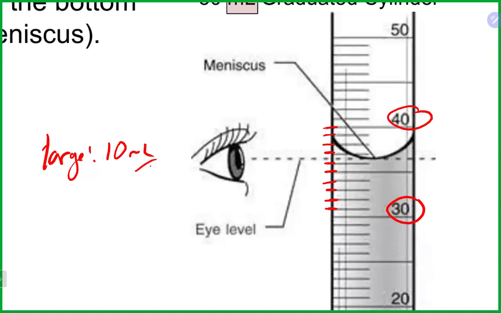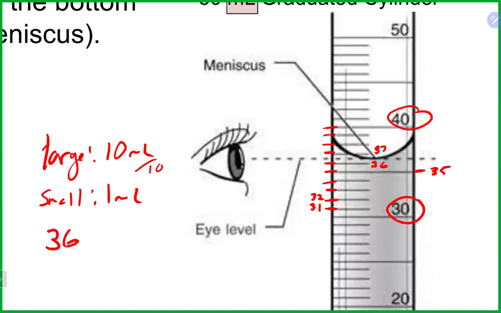If we divide 10 milliliters by the 10 small markings, that tells us each small marking on this scale represents 1 milliliter. That would mean right here is 31, 32, and so forth all the way up. Right about here is 35, 36, and 37. So once again, we are at least 36. Everybody should agree upon that.